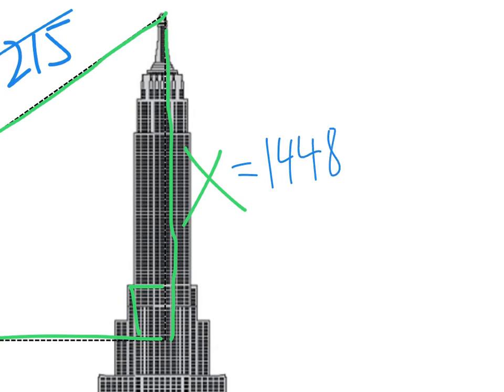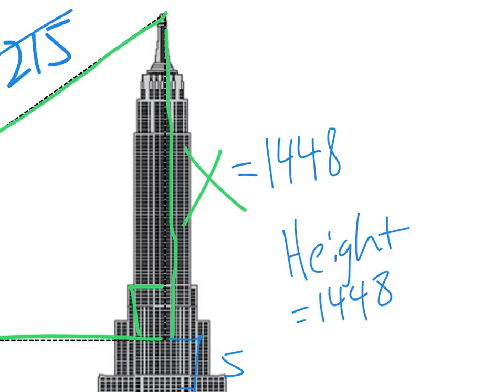If we want the whole height, we've got to add in this 5 feet. So the height is 1448 plus 5, and so that puts us at 1453 feet. That's our estimate there.